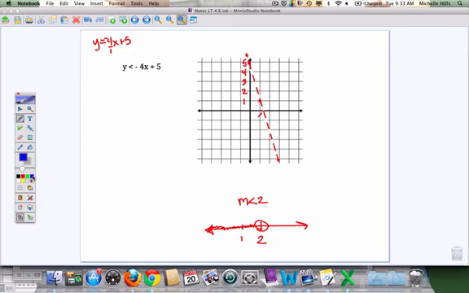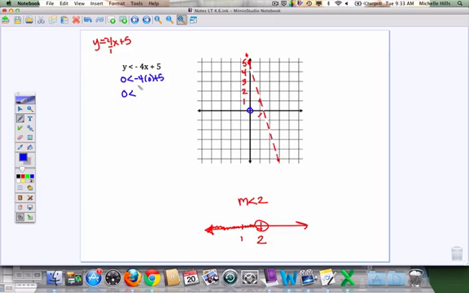Now, just like I had to shade on one side of the circle or the other, because one side gave me true statements, and one side, if I wrote over here 3, 3 is not less than 2, that's false, so I don't want to shade that in. Points on one side of this line or the other give me true statements when I plug them back into the inequality. Well, if I check the easiest point to check, which is 0, 0, because it's not on the line, and I plug that back in, 0 is less than negative 4 times 0 plus 5, and I reduce both sides.